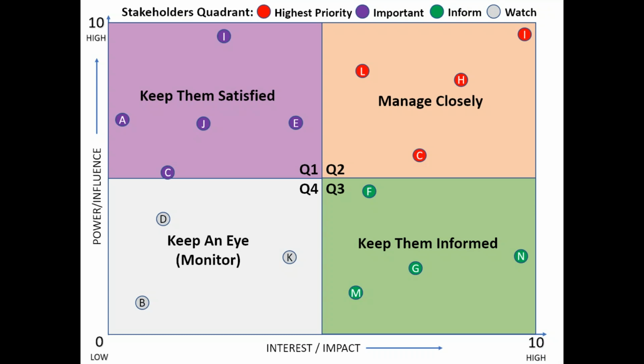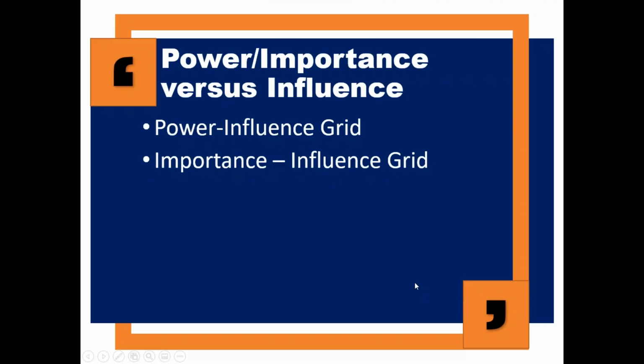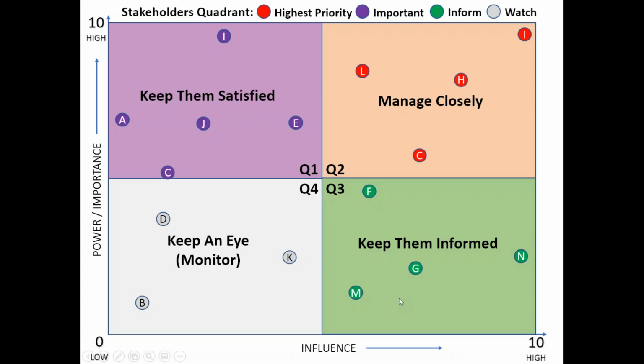The purple color is important, the green one is just to inform, and the gray one is just to keep an eye. So this is how it will be plotted in 4 quadrants, and a similar kind of grid could be created for power interest, or influence impact, or any one of those.